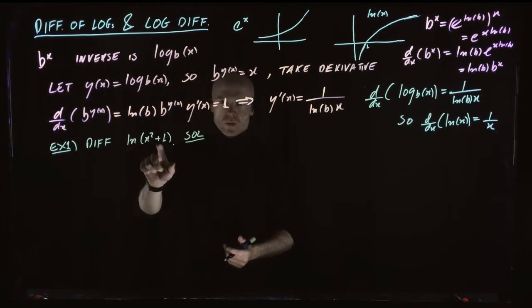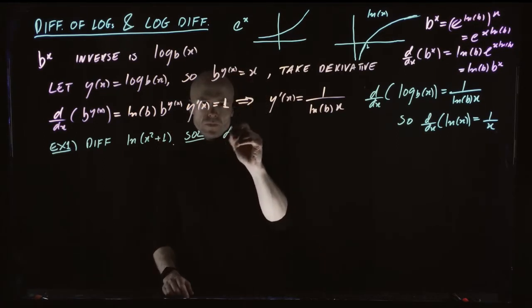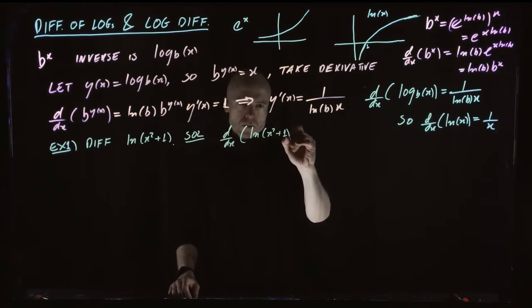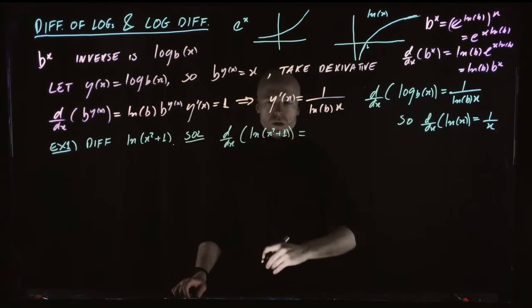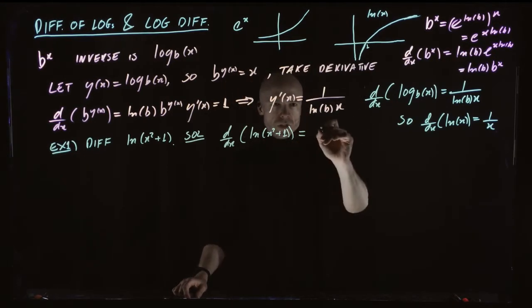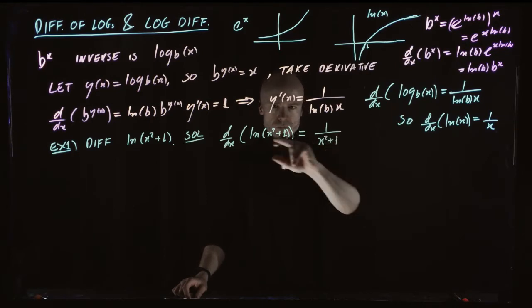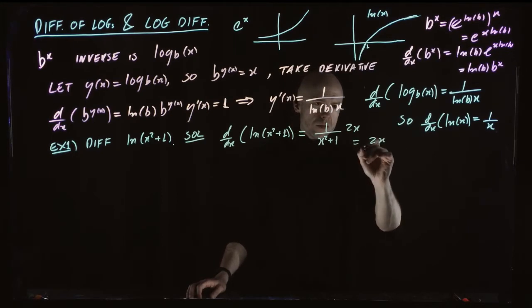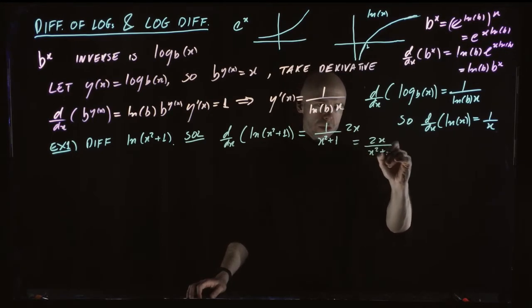The inner function is x squared plus 1. So if we differentiate the outer function, we get 1 over x, but we apply the inner function to it, so we're going to have this. And then we differentiate the inner function, and we're going to have 2x. So this is 2x over x squared plus 1.